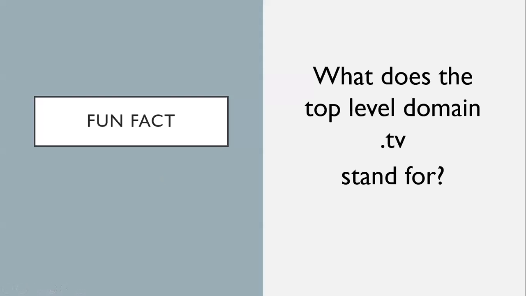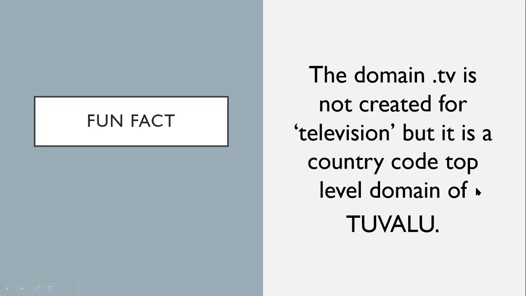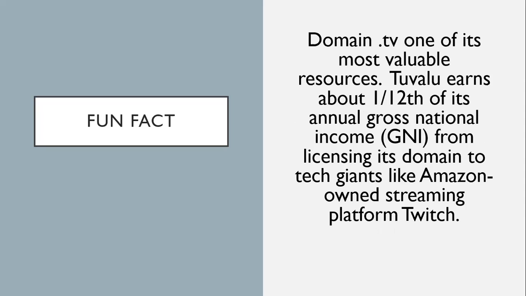Now, fun fact, so what does the top level domain .tv stand for? So nakita niyo na yan kanina, it's not television. It's actually the country code TLD of Tuvalu. Tuvalu is a country near Hawaii. So Tuvalu is a small country, and one of its major earnings, one of its valuable resources, is their domain, which is .tv.